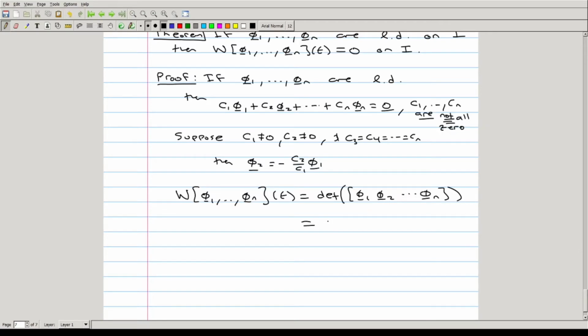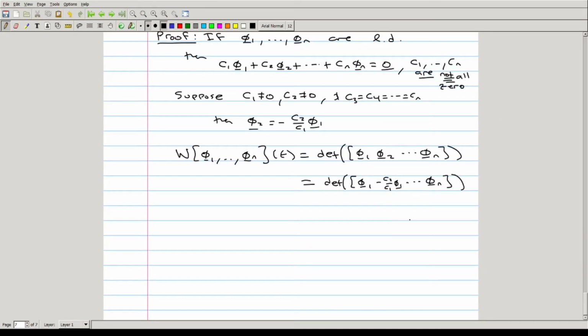But phi2 is linearly dependent on phi1, so this is the determinant of phi1, negative C2 over C1 times phi1, to phi(n). And you'll remember from linear algebra that because this column of this matrix is linearly dependent on this column, the determinant is equal to 0.